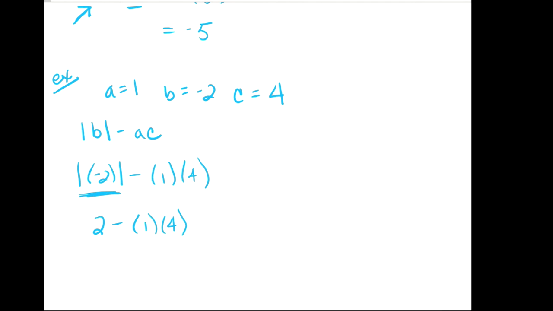Now remember, my order of operations tells me I need to multiply first before I subtract. So I'm going to multiply 1 times 4, and then I'll be ready for my final subtraction, 2 minus 4.